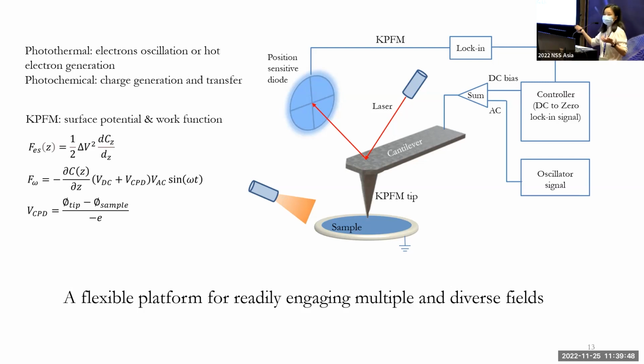So specifically for this study of the interaction between light and photocatalyst, what we need is simply adding a light source with the required wavelengths or power. That's okay. It's very simple. SPM techniques are a very flexible platform.